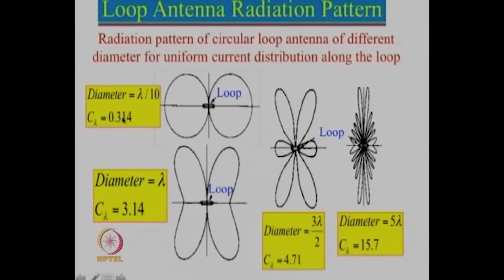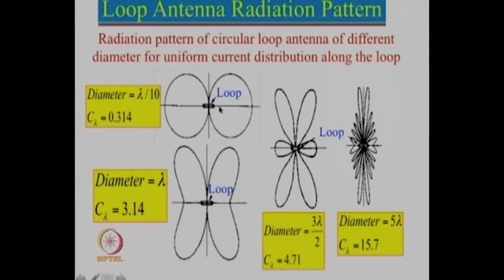Here the loop is placed in this particular fashion, and this loop will be equivalent to a magnetic dipole, which will be something like this. For a dipole we know that there will be no radiation in this direction. In the same way, for the loop antenna there is no radiation over here.